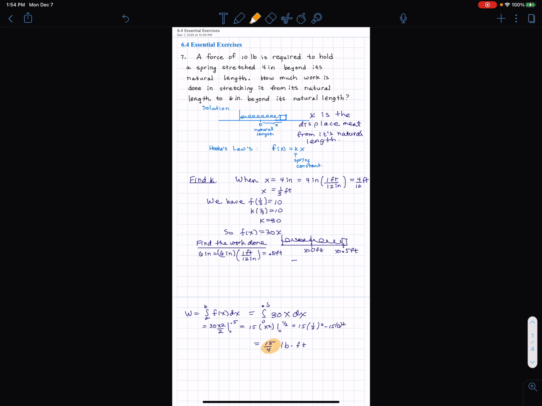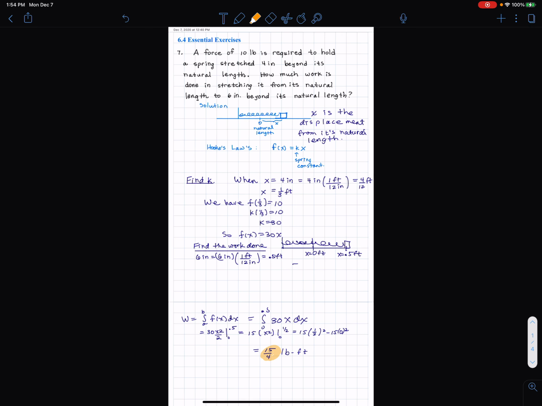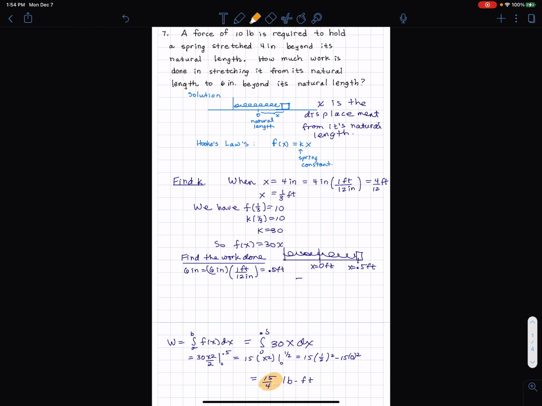So there are 2 parts. First of all, maybe we've done some background work building up to this: Hooke's law is f of x equals kx. And what's x? x is the displacement from its natural length. That's an important thing. It's not the distance from the wall. It's the displacement from its natural length.